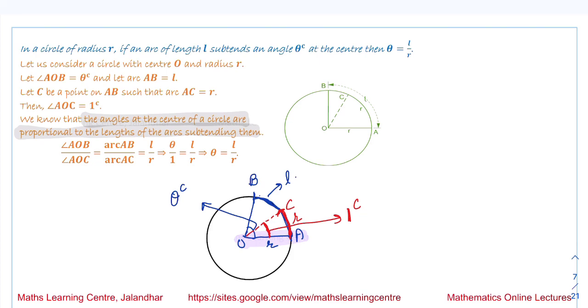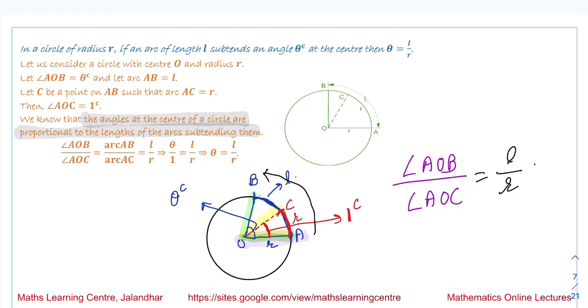So what we get is that angle AOB, this angle, divided by angle AOC. We are saying these are the two angles subtended at the center, and this should be equal to the ratio of the lengths of the arcs. So the ratio of the length of the arc corresponding to this angle AOB, it is L, and the length of the arc corresponding to AOC, it is R. What is the value of angle AOC?